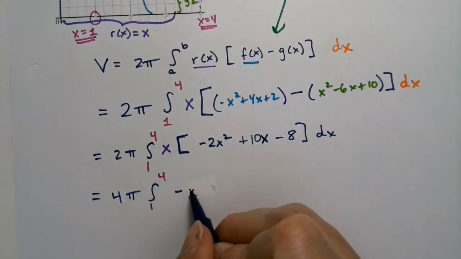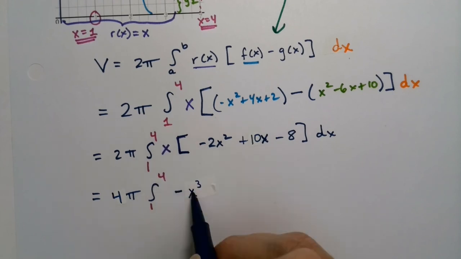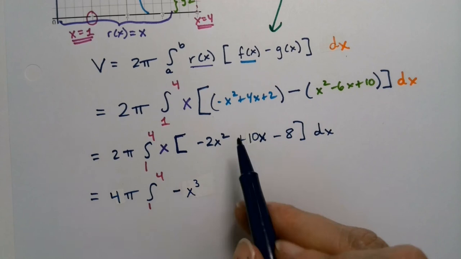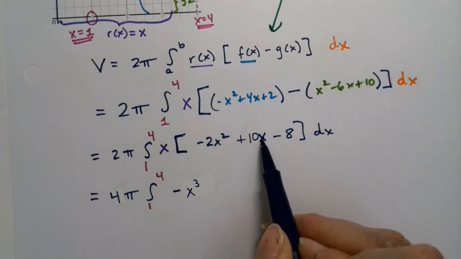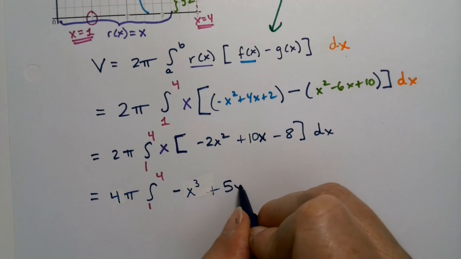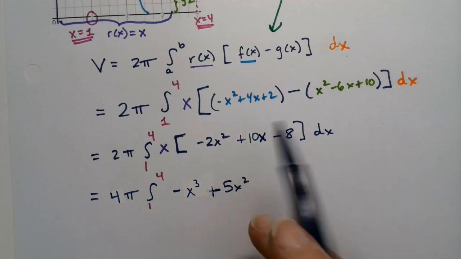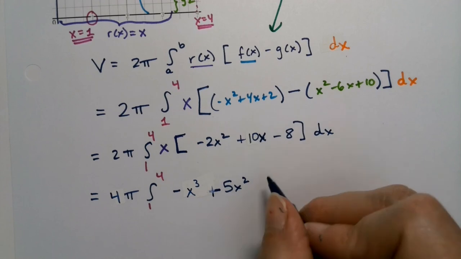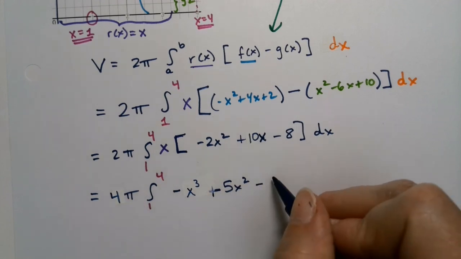So negative x cubed. I'm distributing. x times x squared is x cubed. I factored a 2 out, so I'm doing 2 steps at once. And then x times 10x is 10x squared, but factor out a 2, so it's 5x squared. And then x times 8 is minus 8x, but I'm going to factor a 2 out, so it's going to be minus 4x.